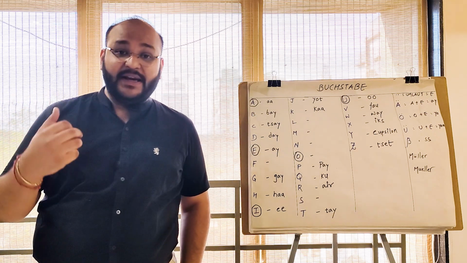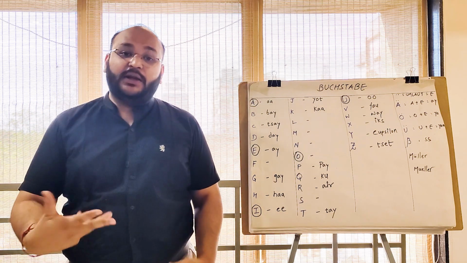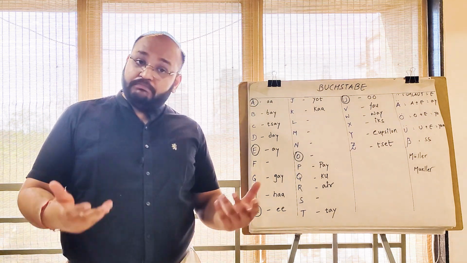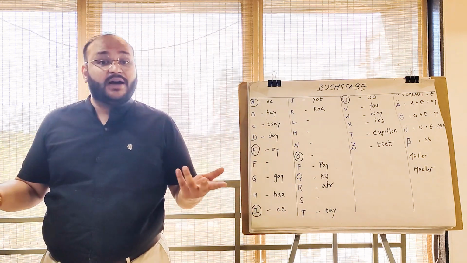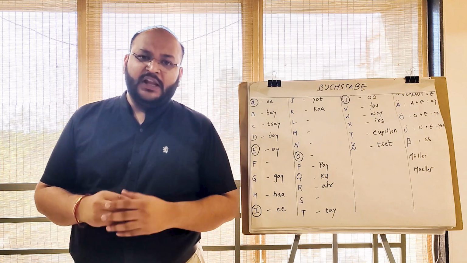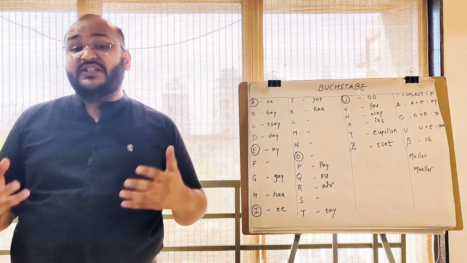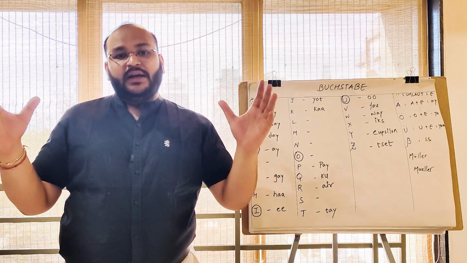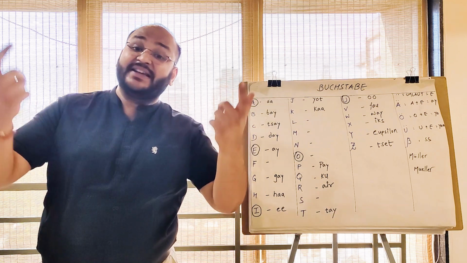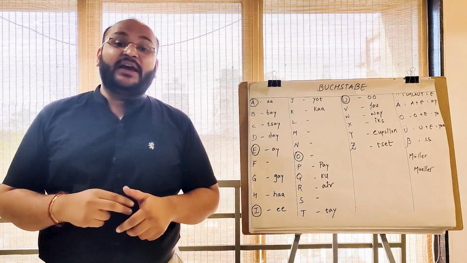I'll say, okay, great, and how do you pronounce each alphabet in your name? P is P, A is A, R is R, so on and so forth. Still, when I ask him his name, he doesn't say his name is P-A-R-T-H, although that is exactly how each alphabet in his name is pronounced. He says his name is Parth.